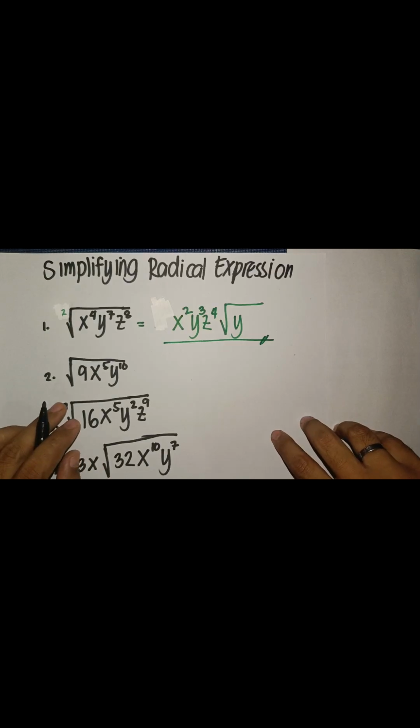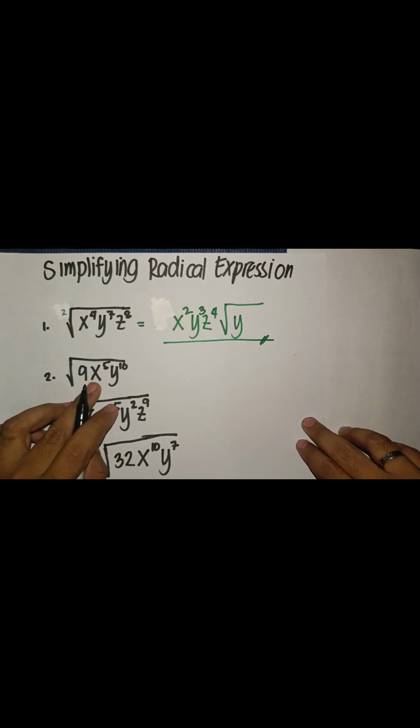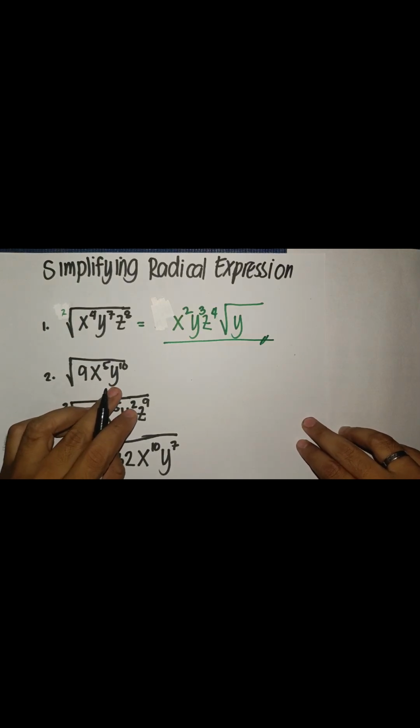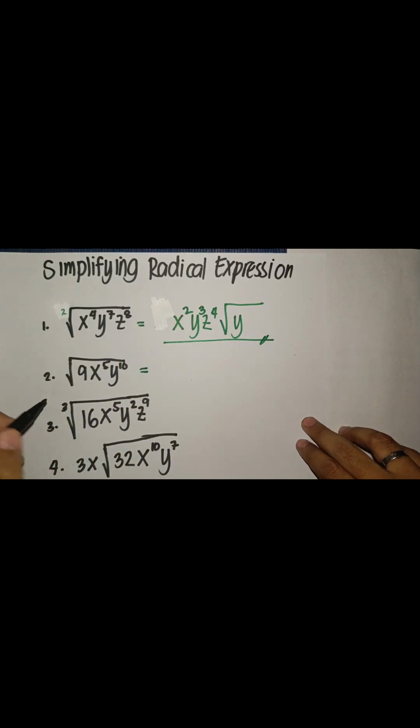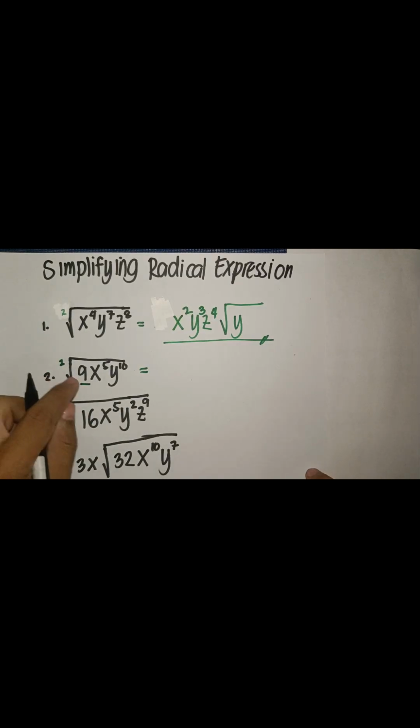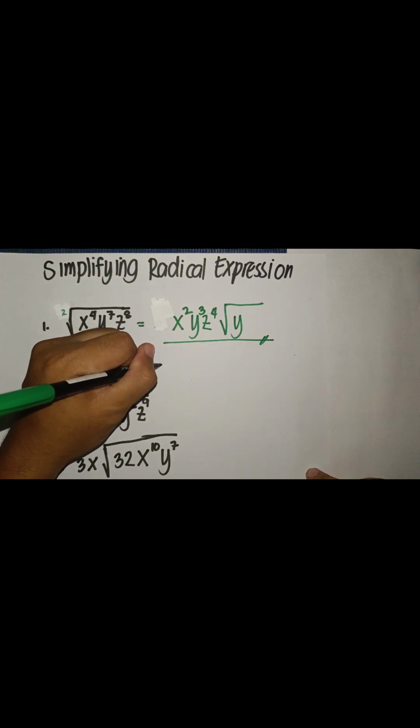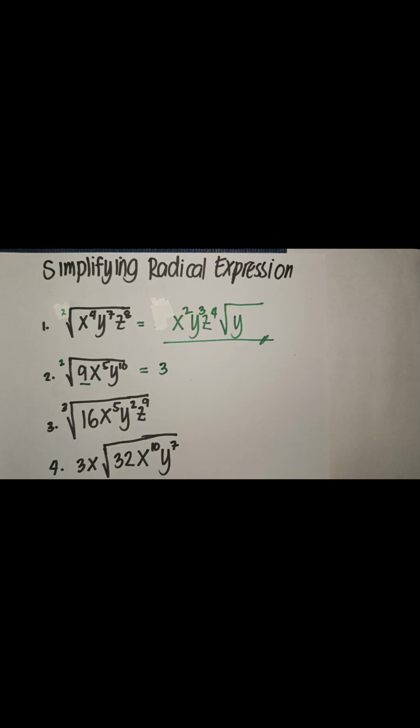Next, square root of 9 x to the exponent of 5 y to the exponent of 10. Again, there is an index of 2. First, we are going to get the square root of 9. What is the square root of 9? The square root of 9 is 3, so write it outside the radical symbol.